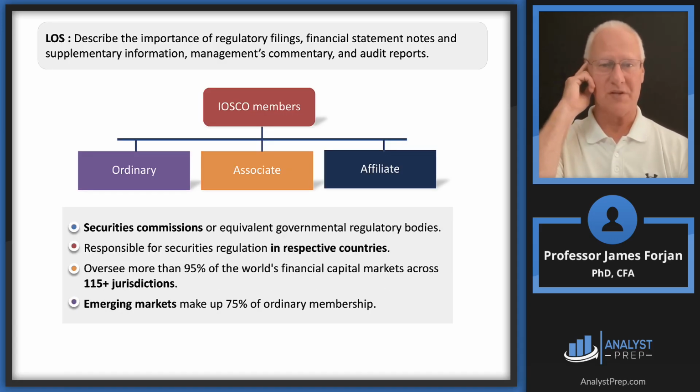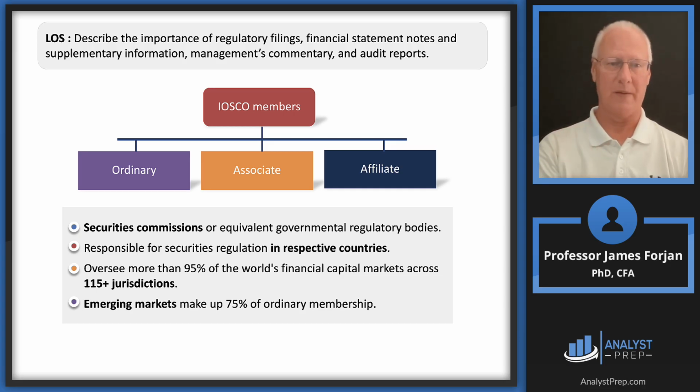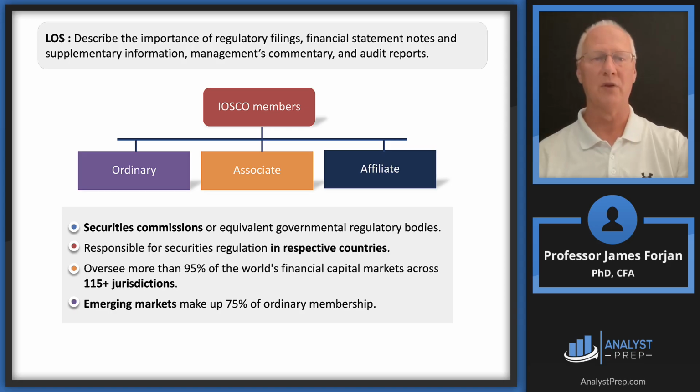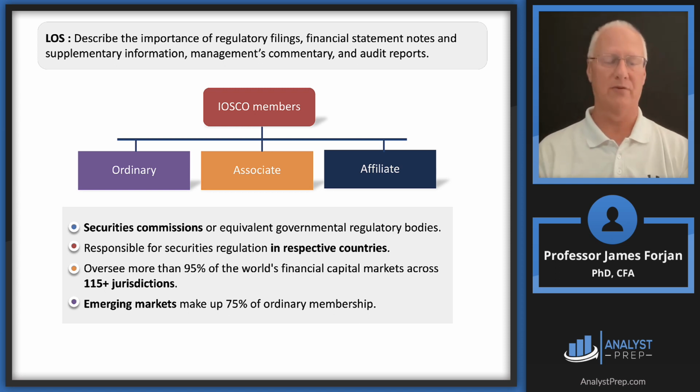Now, I thought this was interesting here. The Institute tells you about the ordinary members. These ordinary members are people like, in the United States, the SEC, Securities and Exchange Commission. So the ordinary members are those commissions that are created by federal governments. But the Institute doesn't tell you about associate members.